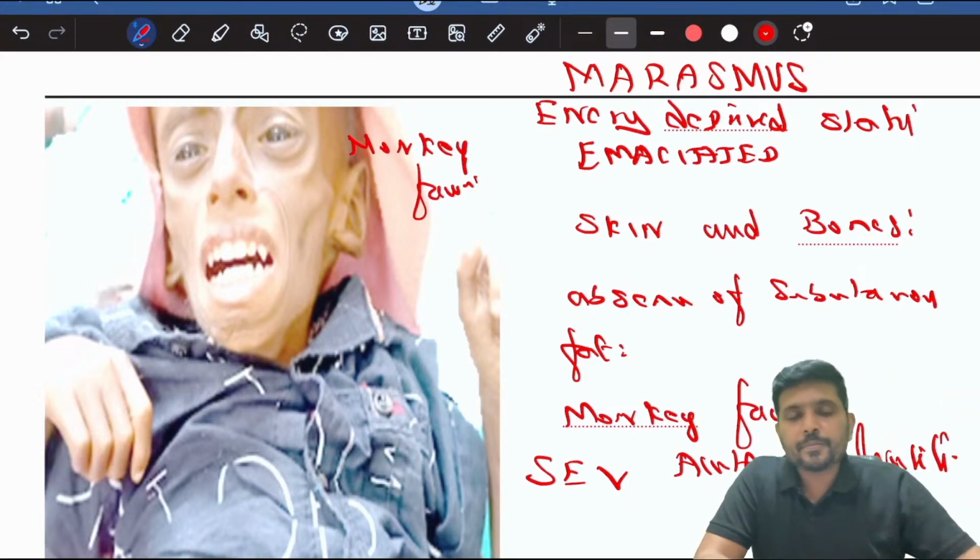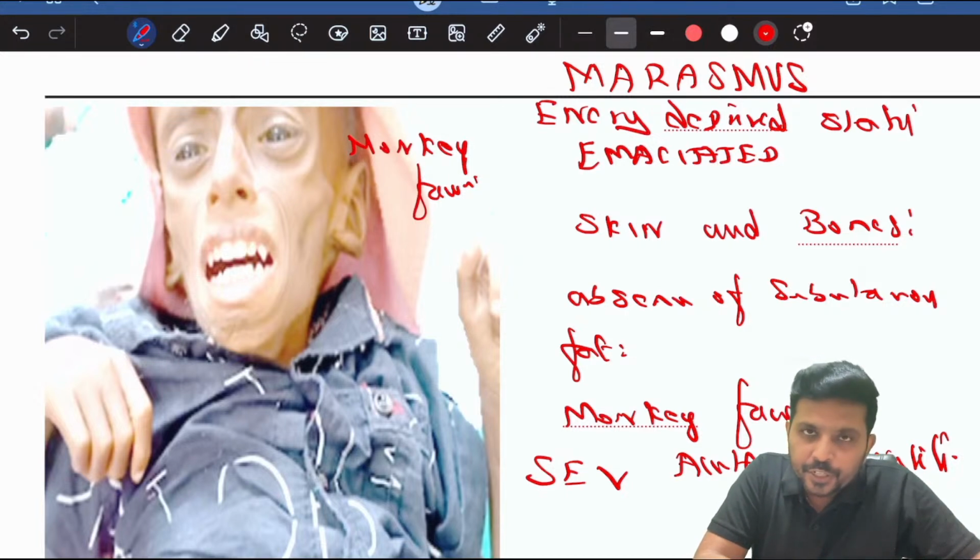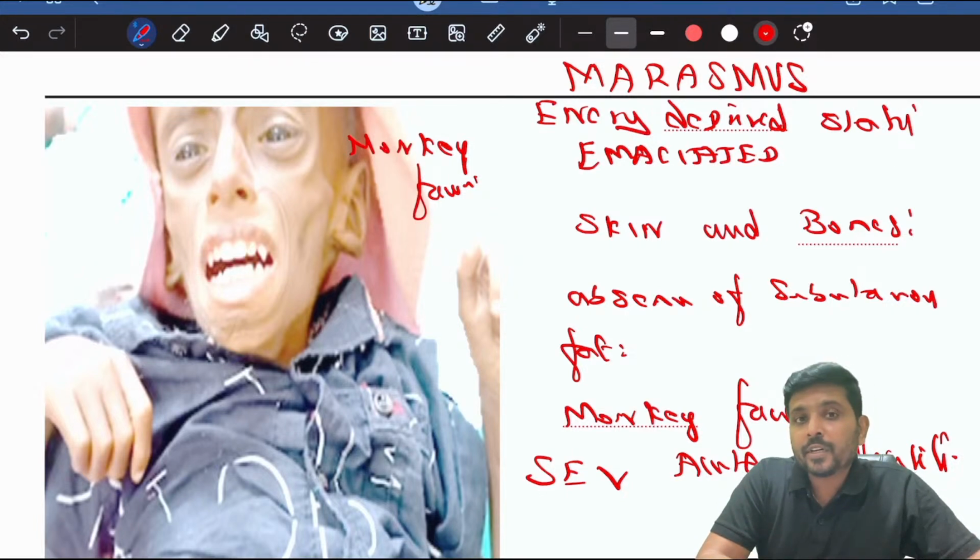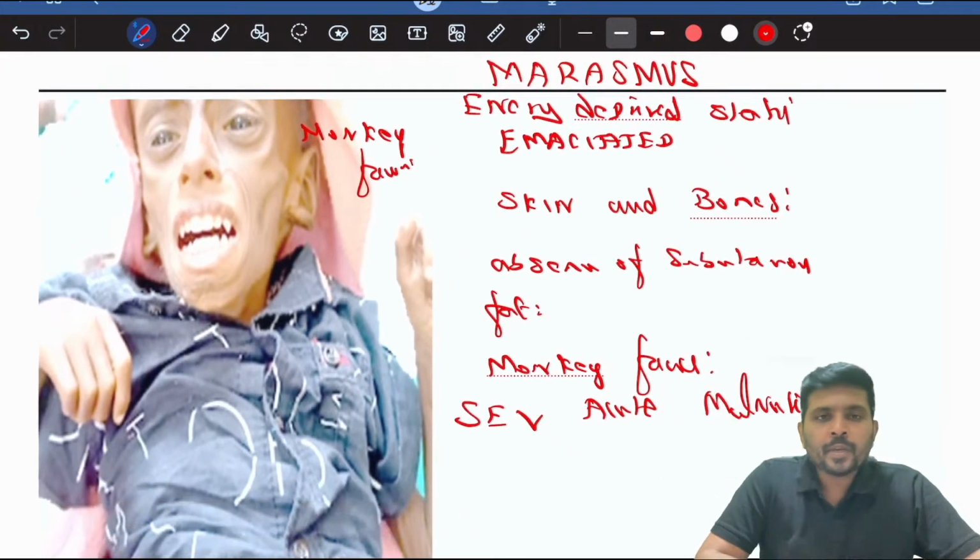So marasmus is mainly due to energy deficiency, whereas kwashiorkor is mainly characterized by protein depletion. Both are part and parcel of severe acute malnutrition, but nowadays we don't call it marasmus or kwashiorkor; we combine them under severe acute malnutrition. So this is marasmus, monkey facies, typical of protein energy malnutrition.